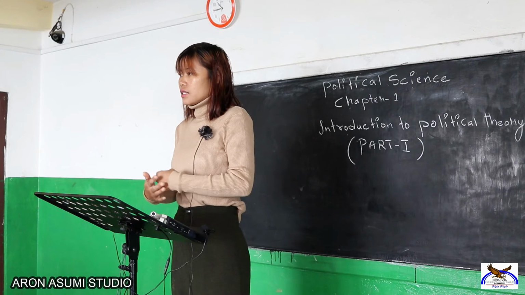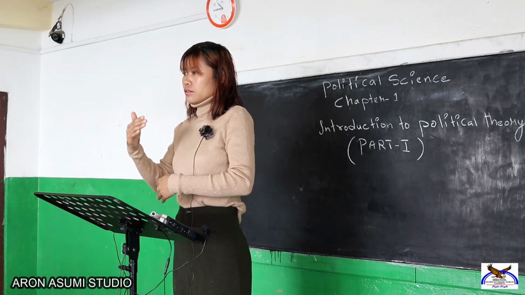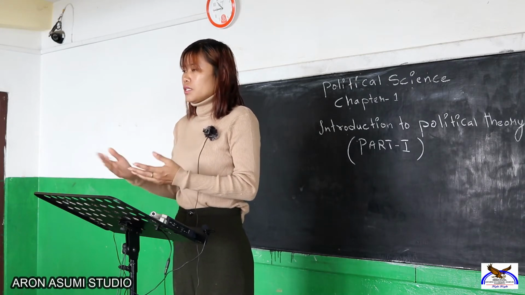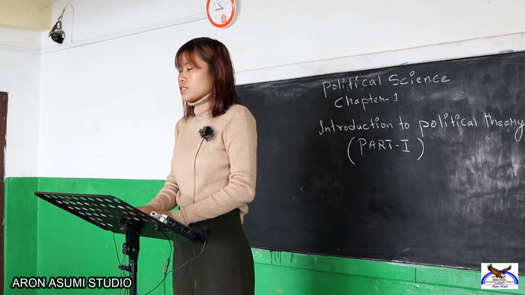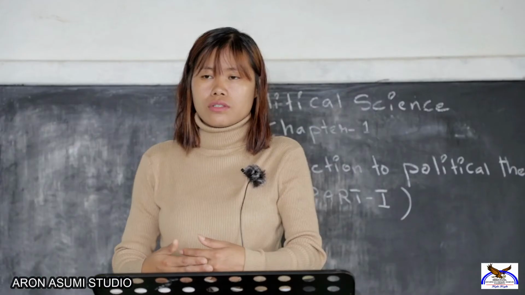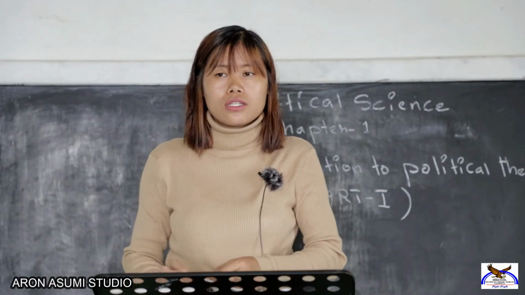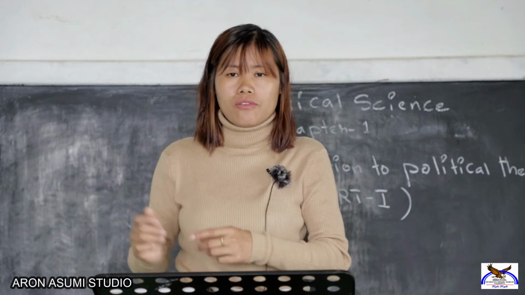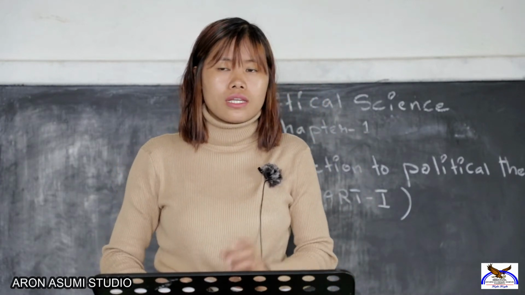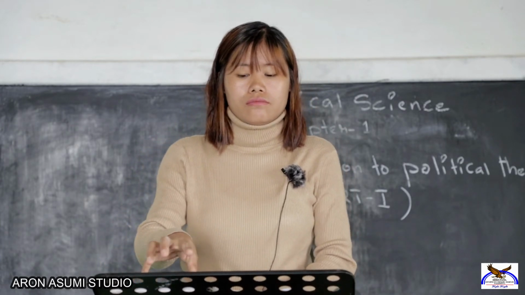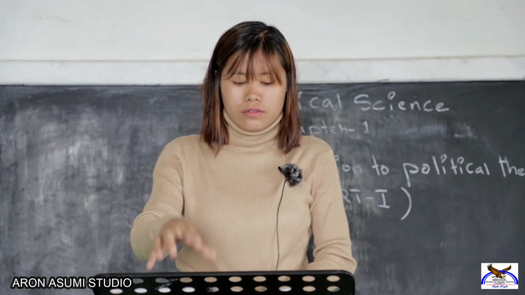This authoritative allocation of values views politics in terms of the wants and desires of the people, be it office or material wealth. It also talks about the binding decisions to be taken by only some group of people. According to David Easton, value means the desire or wants of the people, either material goods, office, or other things.